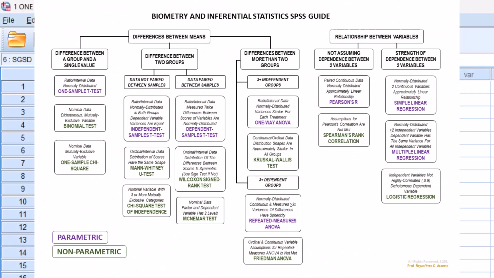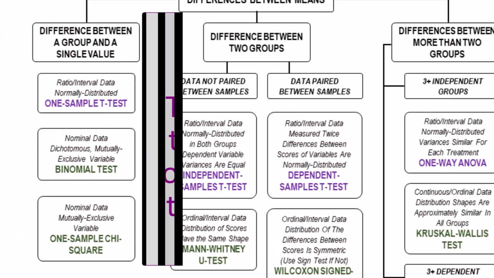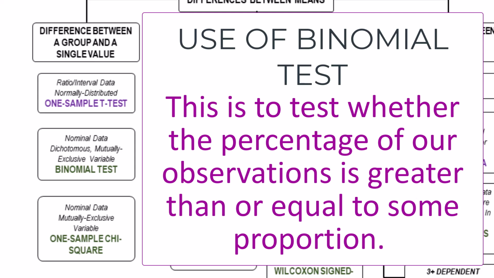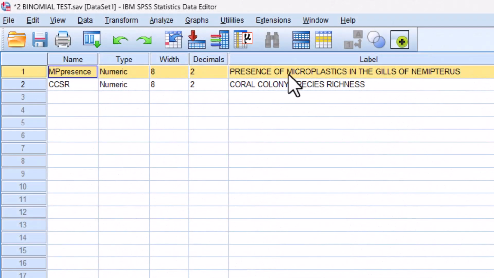Ano na naman tong binomial test? Now, this is to test whether the percentage of our observations is greater than or equal to some proportion. For example, in this data set, you check the gills of 50 Nemipterus fish.